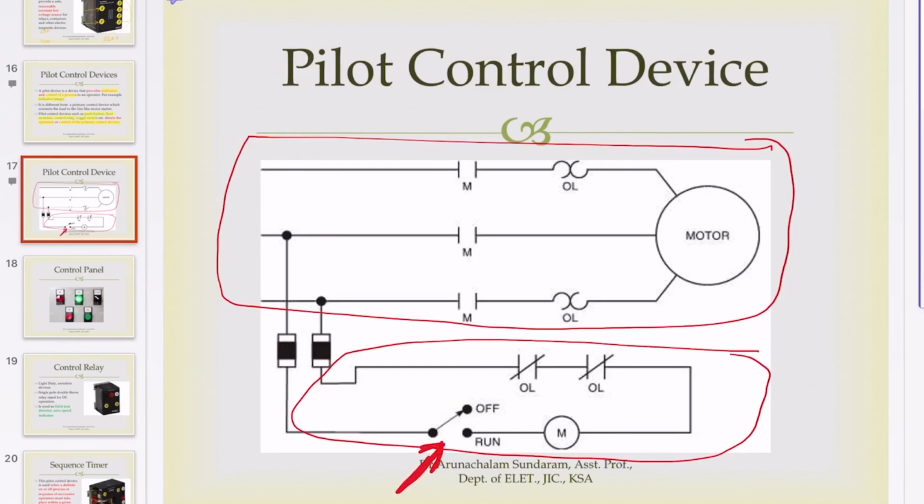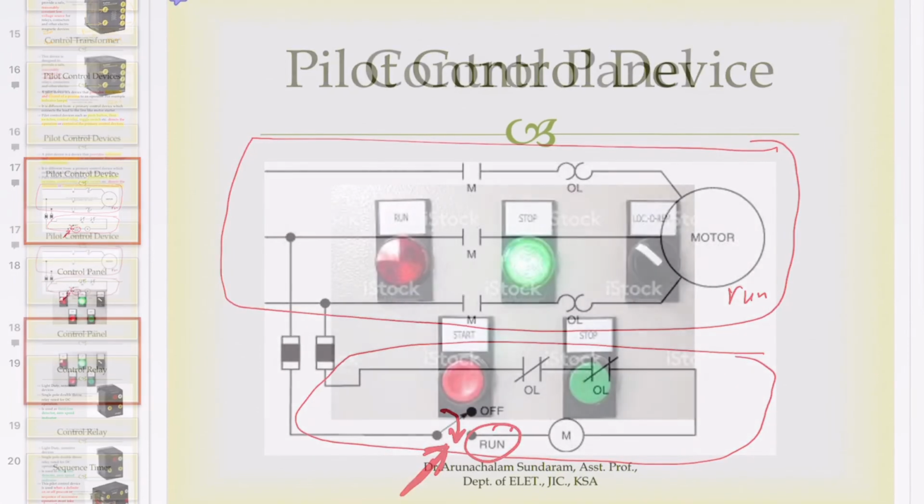It can control the process by changing its position from stop to run. I mean that it can stop the motor or run the motor. So once I change this position to run, then the motor will run. That's why it is a pilot control device that controls the process.